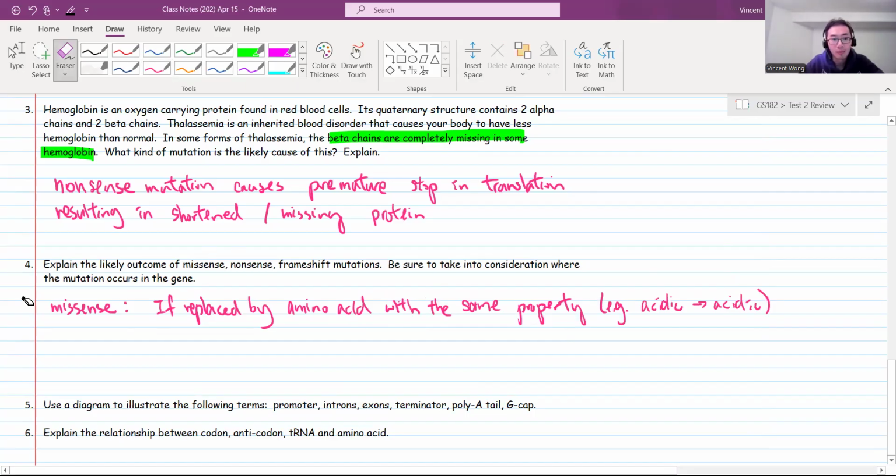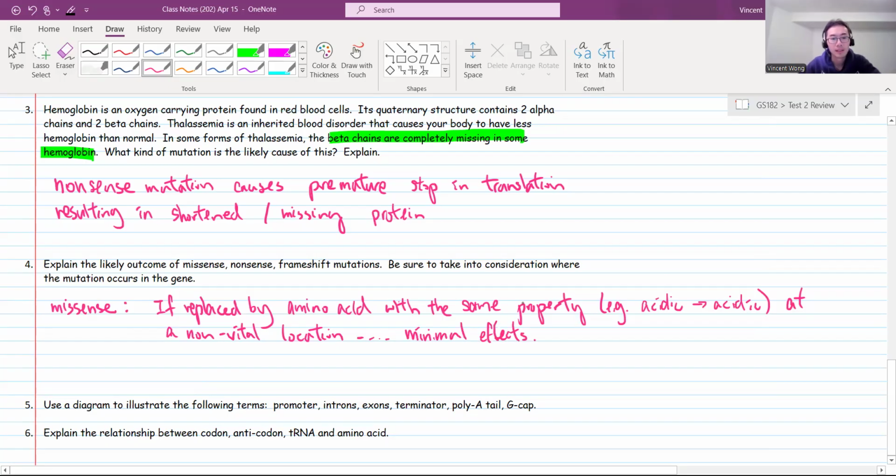So missense is replacing the amino acid. If you replace the amino acid with the same property at a non-vital location, then minimal effect.